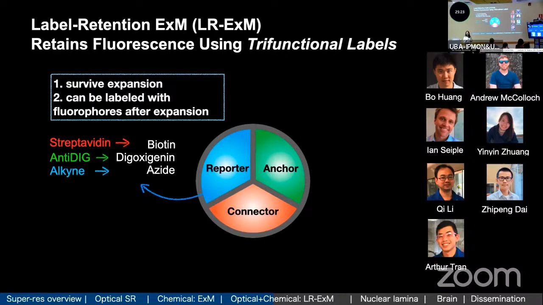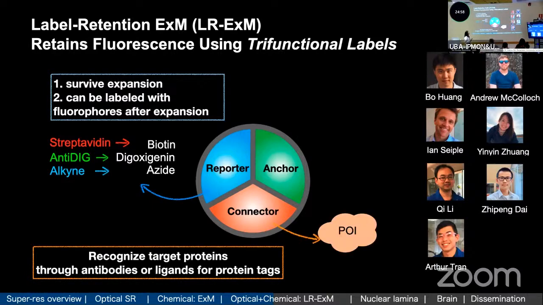They are non-fluorescent, but they survive the polymerization, and after all the harsh chemical steps they can be fluorescently labeled by, for example, fluorescent streptavidin, fluorescent anti-dig antibodies, or fluorescent alkyne, to introduce the fluorophores before the imaging. So you don't need to worry about the quenching of the fluorophore anymore.